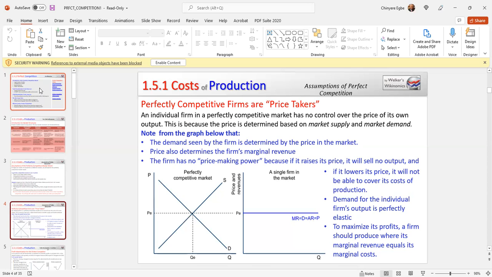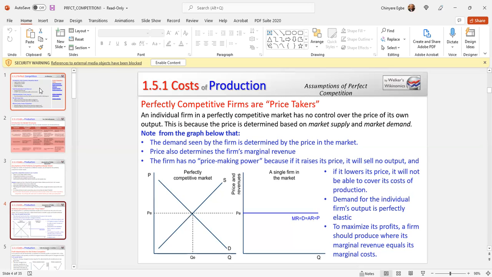Any entity that wants to participate can go in and out, and there is no barrier at all. There are many sellers, and any new seller can enter the market at any time. Of course, it's also assumed that if there are many sellers and any new seller can come in, there is no collusion, no conspiracy among the sellers.